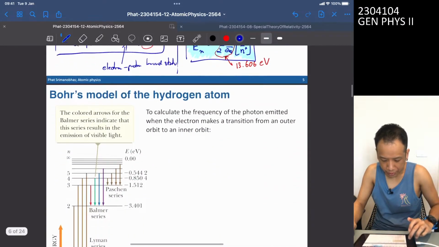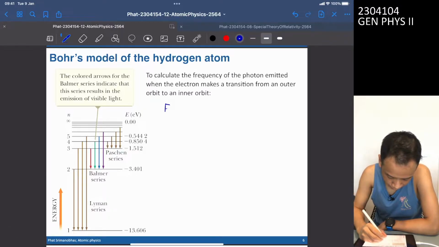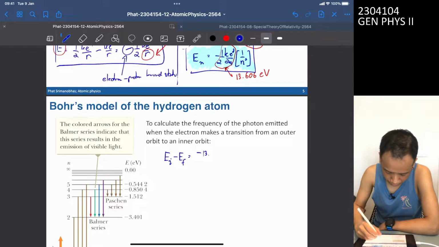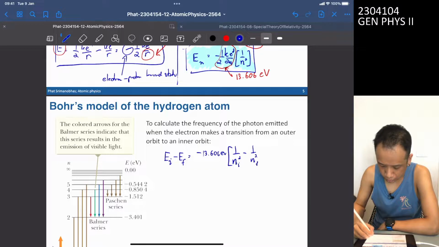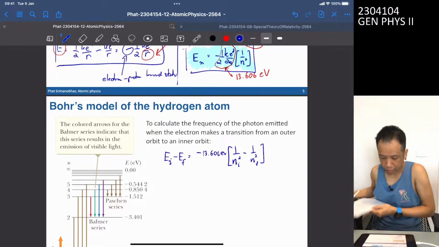What we have to do is basically the transition from Ei to Ef, right? Ei minus Ef, Ei is higher energy, so you get 13.606 eV times 1 over ni square minus 1 over nf square.